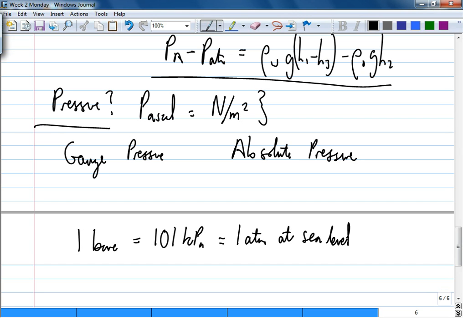So here 0, 1 bar, 2 bar, 3 bar is 1 atmosphere, 2 atmospheres, 3 atmospheres. PSI stands for pounds per square inch, which we won't use so much. I think 1 bar is around 14 and a bit PSI. But still a lot of people use PSI in Malaysia, but that's not supposed to be.